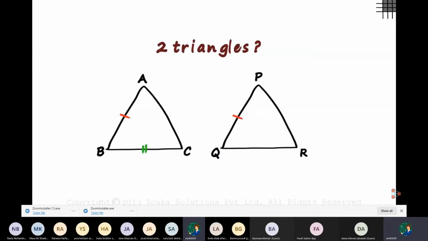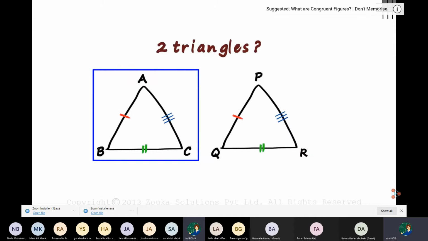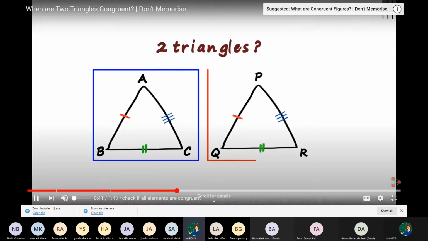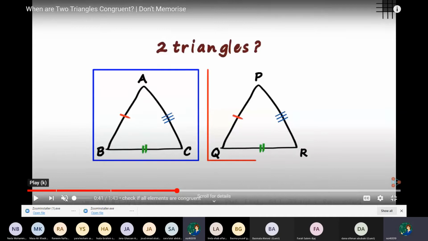If you look at side AB, as you see, side AB is congruent to side PQ, and side AC is congruent to side PR, and side BC is congruent to side QR.